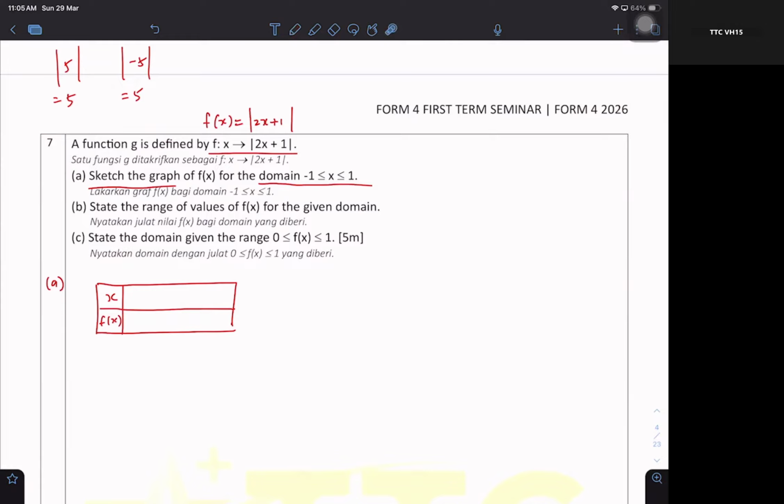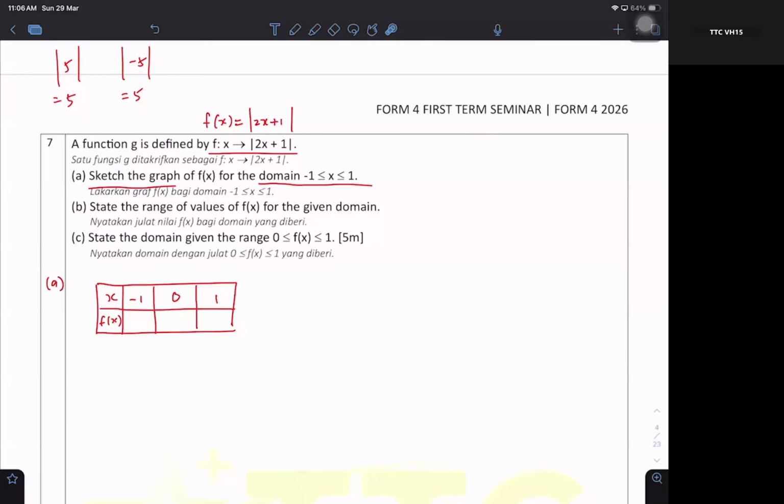The x is between -1 and 1, so what are the numbers that are between -1 and 1? Between -1 and 1, there are -1, 0, and 1. Understand?